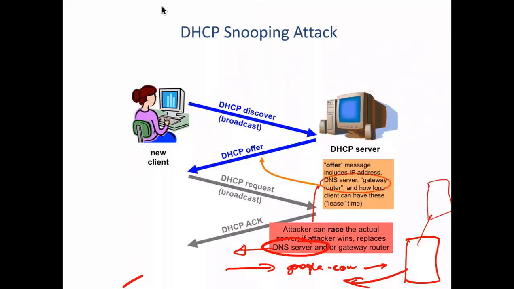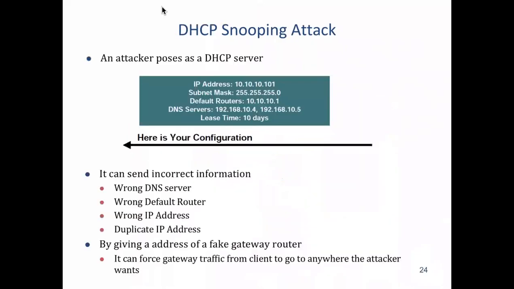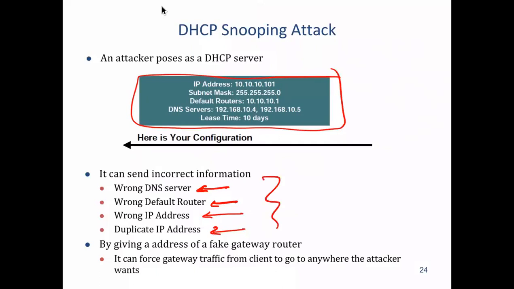And the second thing is that it can also do other kinds of attacks. It can give its own IP address, so there are multiple kinds of attacks possible. Here the attacker sends malicious data, which can be a wrong DNS server name, wrong default router, wrong IP address, or duplicate IP address. With each one of these, attacks are possible.